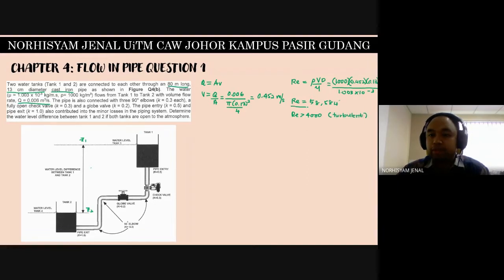Make sure if you do any calculation for Re, you have to state whether this is turbulent or laminar. Since this is turbulent, we have to find the Darcy friction factor f using the Moody Chart.